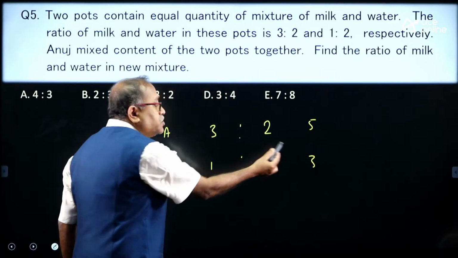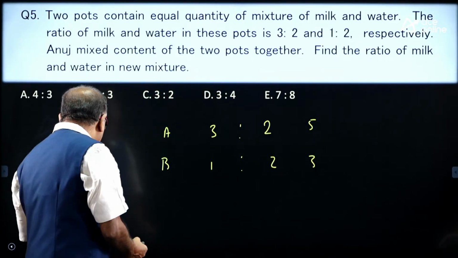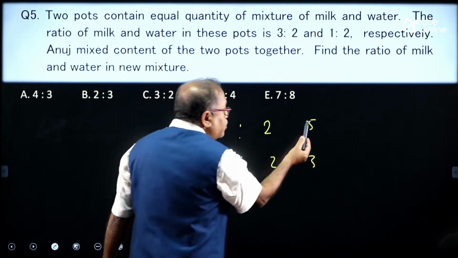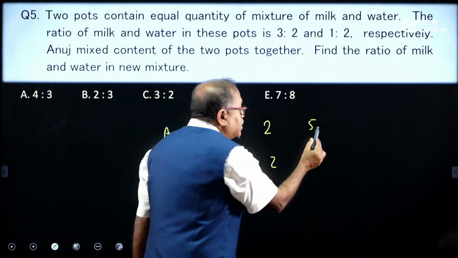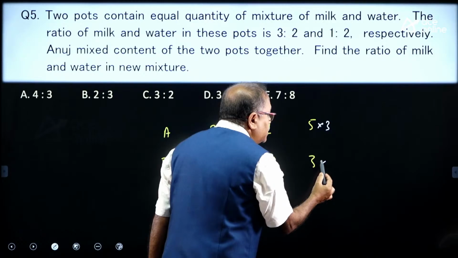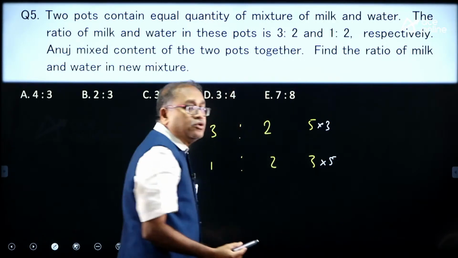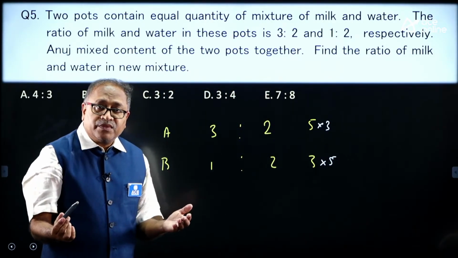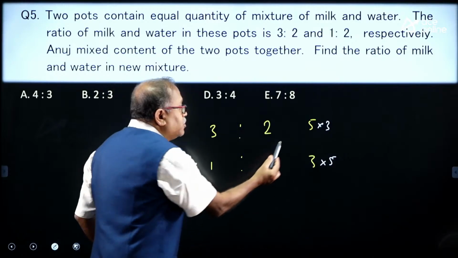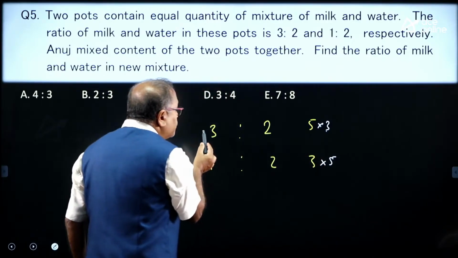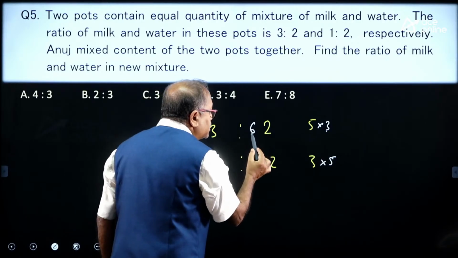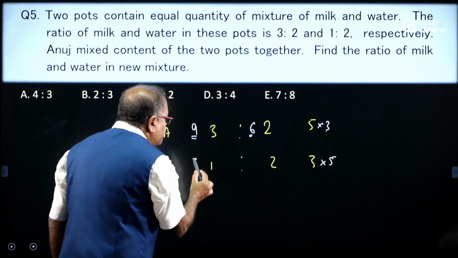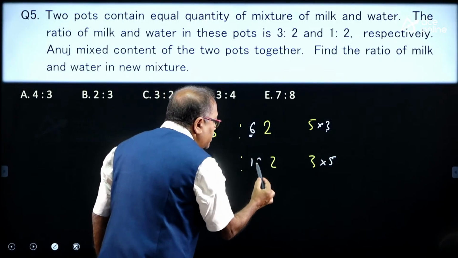In order to make the total equal, take the LCM of 5 and 3, that is 15. So, multiply this by 3, multiply this by 5, the total quantity becomes same, 15 and 15. When you are multiplying this by 3, you need to multiply this also by 3, this becomes 9 and this becomes 6, and this 5 and this has become 10.